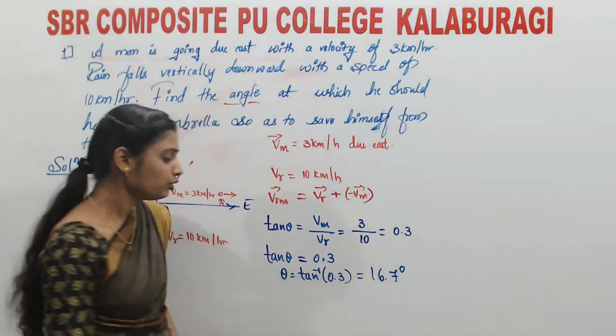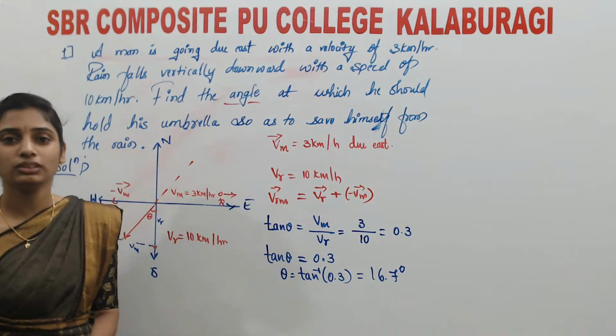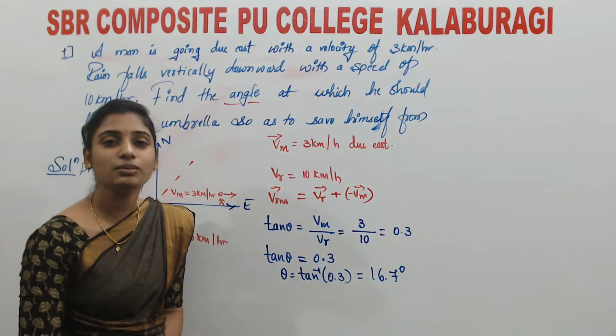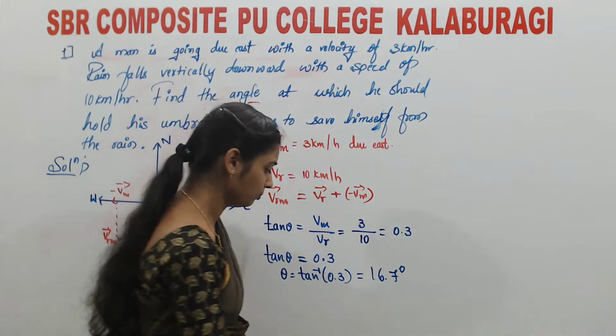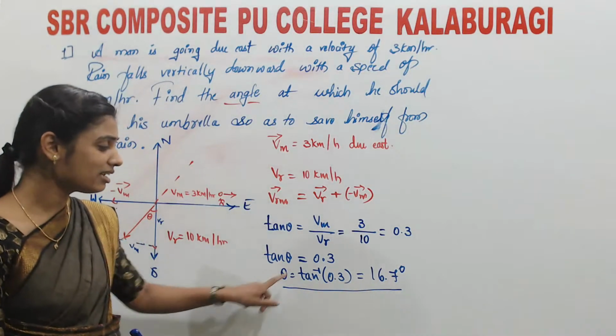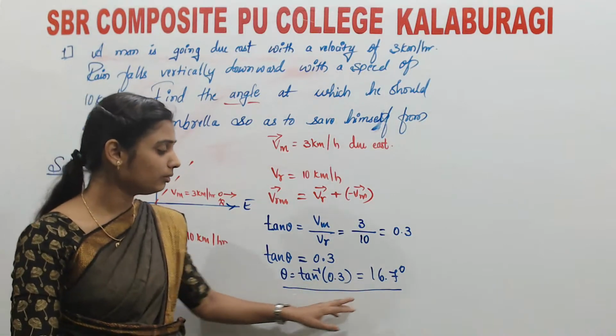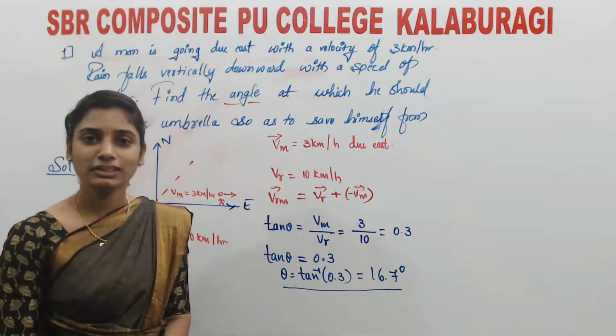Yes, you should get tan inverse of 0.3 as 16.7 degree. Just verify. If you have got tan theta as 0.3, check in the log book. Theta will be equal to 16.7 degree.